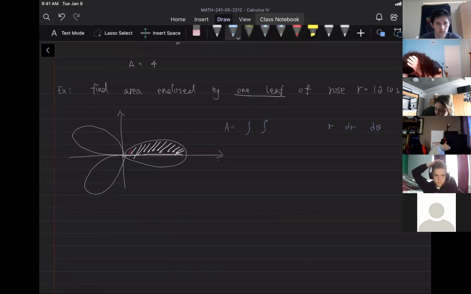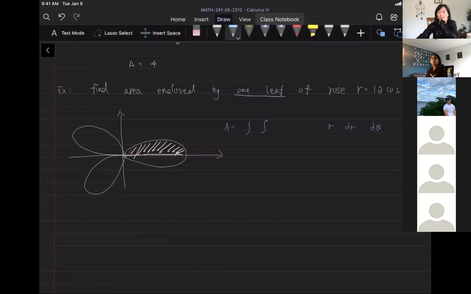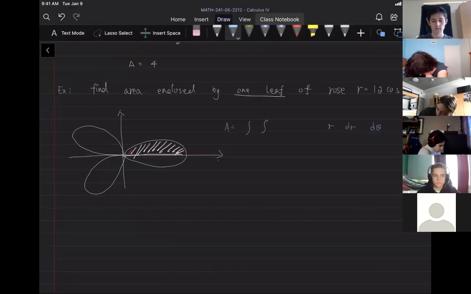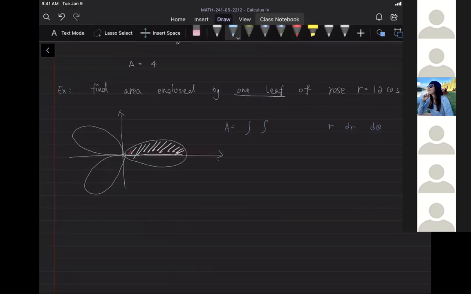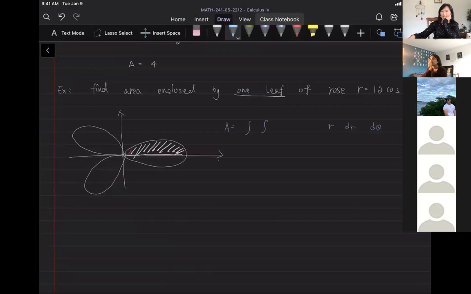Do you know how to find the θ? Don't you set r equal to 0? Yes, correct. What is your θ? Did anyone get the θ value? π/6. Yes, correct.